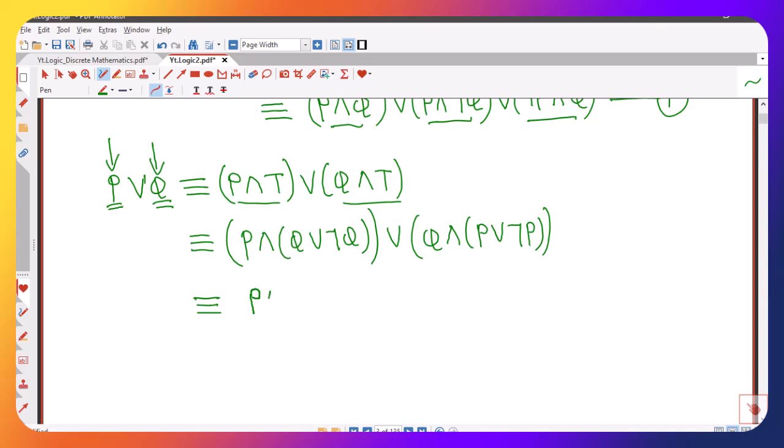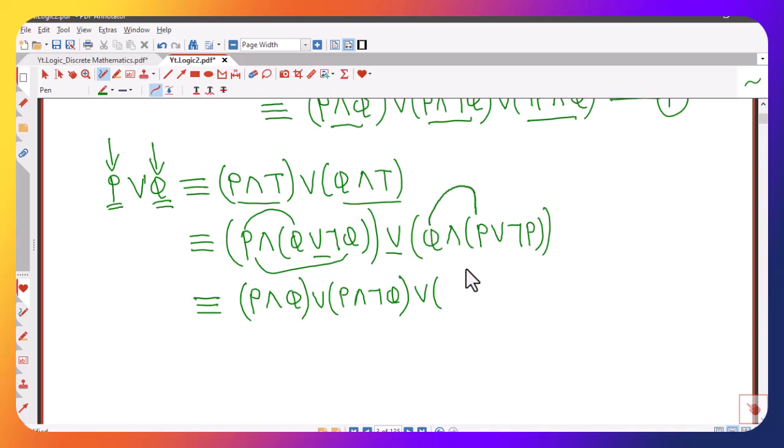Here I can use distributive law, and I will have P and Q, OR operator, then P and negation Q. This OR operator as it is.